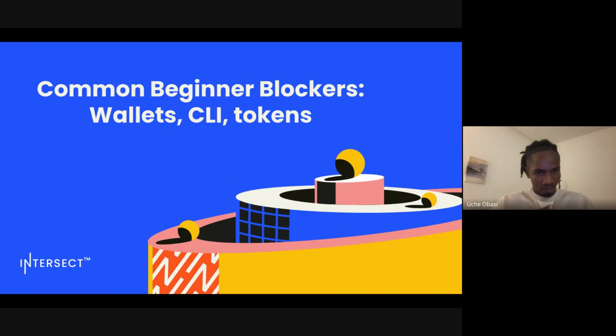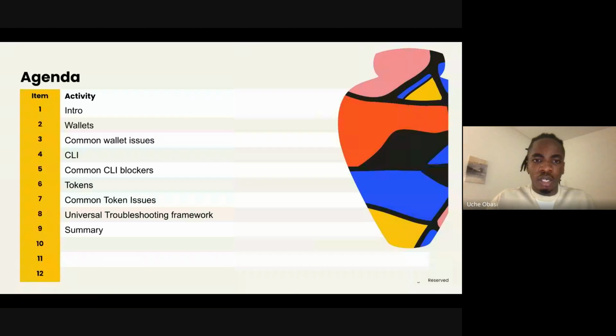As a user, you get introduced to wallets, you get introduced to the CLI, all the tokens, and then you hit some roadblocks. What do these roadblocks mean? How can you fix these things? So these are some of the things we'll be diving into today. And this is a rough agenda of what we'll be looking at.